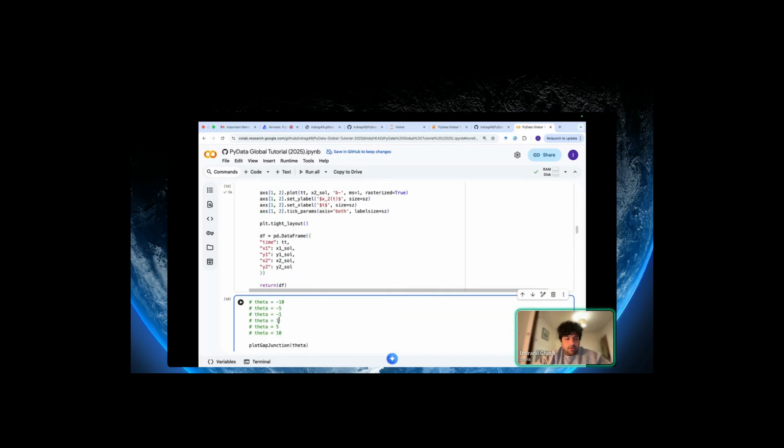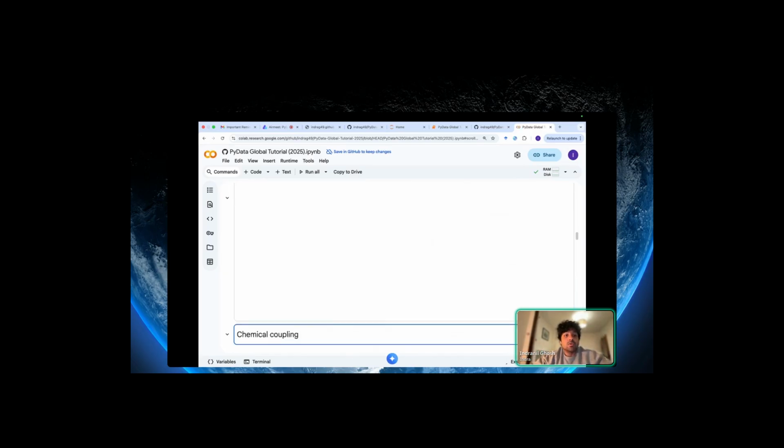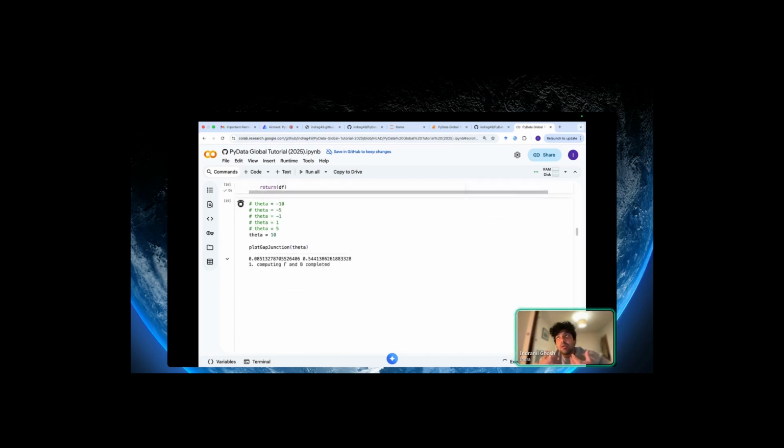We'll try another zeta value, so now the two neurons are exciting each other, so they're highly, strongly coupled and also exciting each other. And intuitively they should be more synchronized and more regular.